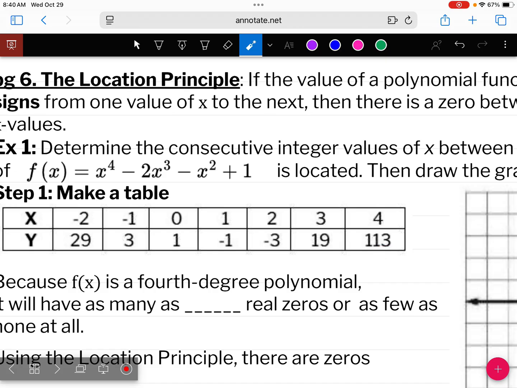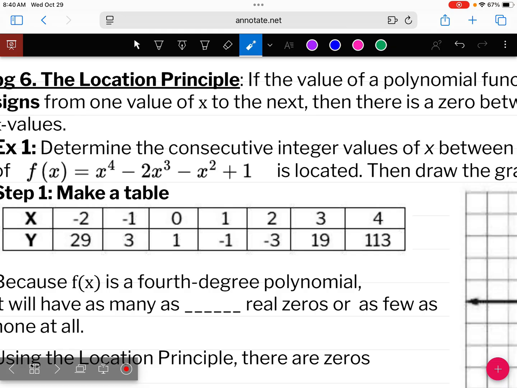So what we want to know is where we might have solutions here. And we can tell this by either graphing the points as they are, or we can look at the table and see if there is a sign change from one value to another. So look at our y values and see if we have a positive to a negative or a negative to a positive.